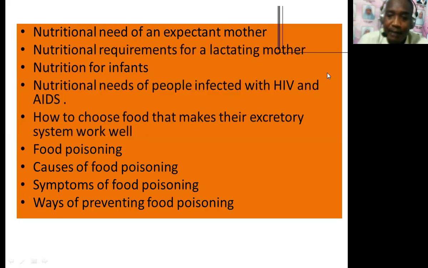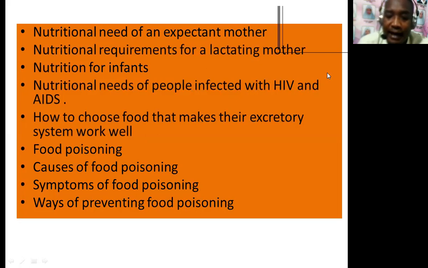Three, buy fresh fruits and vegetables. Buy the fruits in season. Four, do not buy expired foods. Always check the expiry dates.